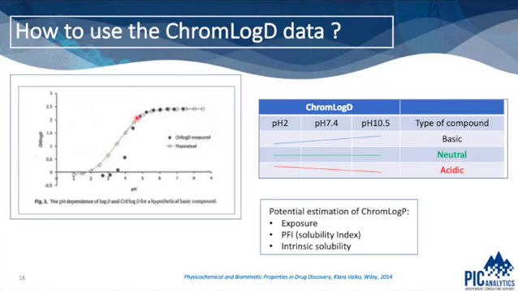When your compound is not ionized anymore, you get the chrome-LogP, and from this chrome-LogP you can have an idea of the exposure. You can also get the PFI, the property forecast index that Paul just mentioned and that I'm sure Rob will mention tomorrow, and you can get an idea of the intrinsic solubility.